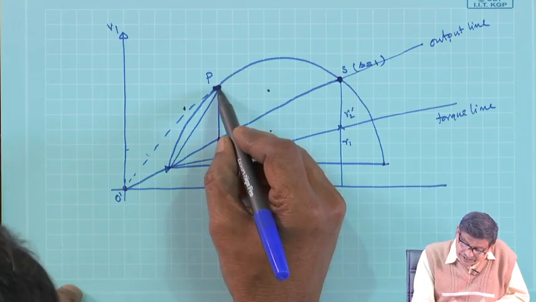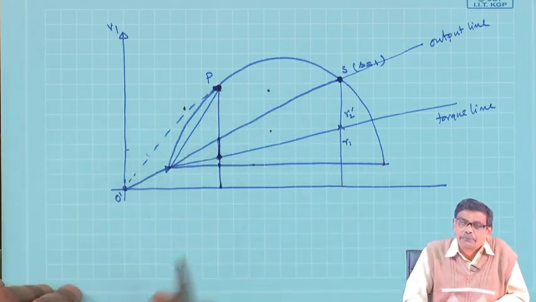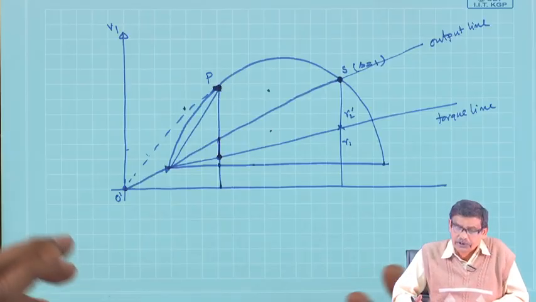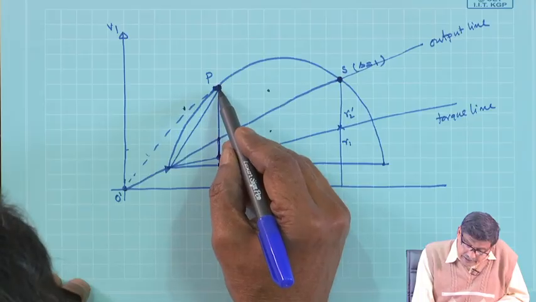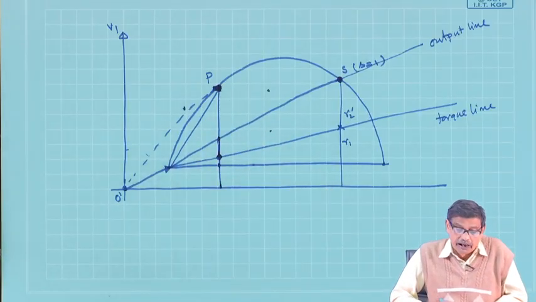And what will be this length? From this to this, torque line. This is also air gap power. So, air gap power is torque line divided by 2 pi ns to convert it to Newton meter, and this one will be the mechanical power output.